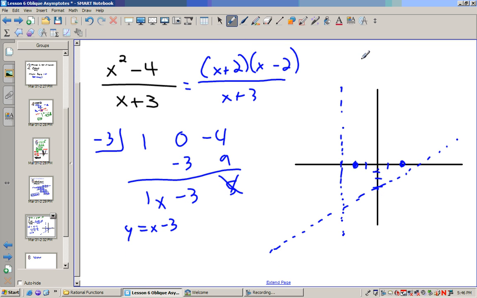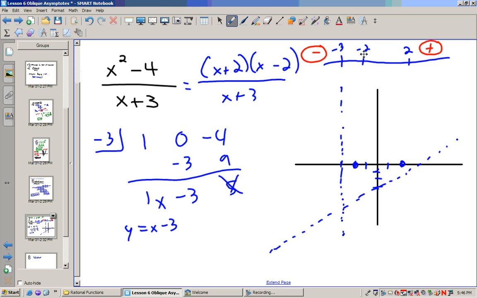Now I can make my sign chart, having negative 3, negative 2, and 2 be my points. Now, if we look at this chart to the right, it has to be positive. To the left, since we're going here, it will have to be negative.